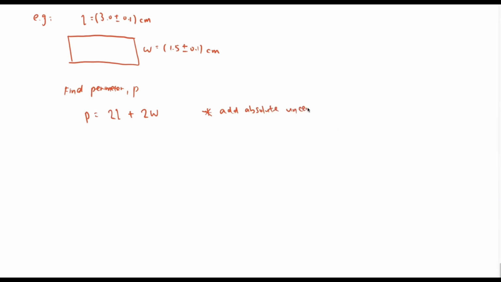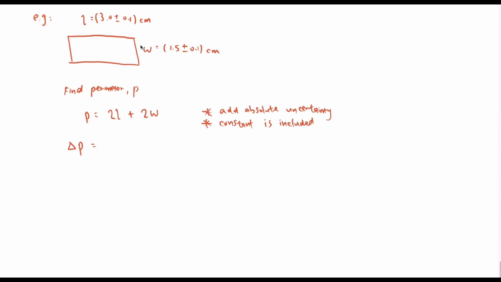We are not adding the fractional or percentage uncertainty. So for delta P, what we add is the 0.1 and the 0.1 straight away. And the other thing is constant is included.